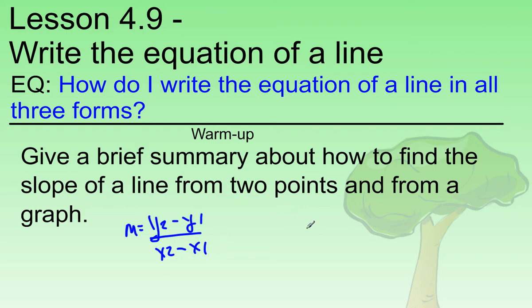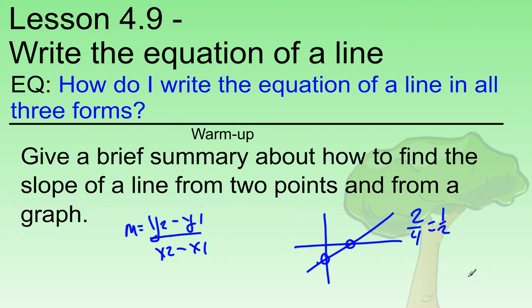And you plug in your points, you simplify, you evaluate, and you get your slope. From a graph, you try to find two well-defined points, and then you count the boxes. So in this case, it might go like up 2 over 4, so the slope would be up 2 over 4, which simplifies to 1/2.